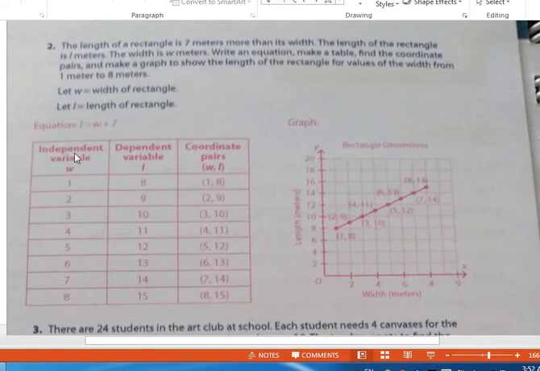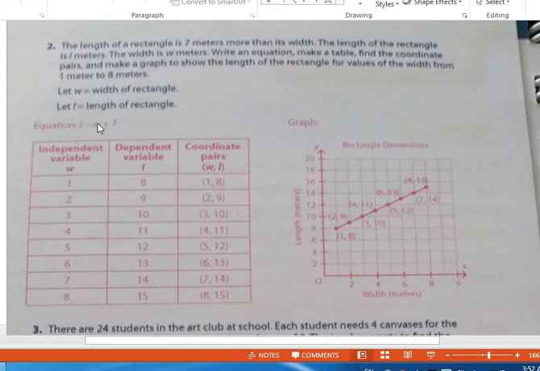Why? Because it's given in the question that the length equals width plus 7. So length depends on the width, right? Because length equals W plus 7.